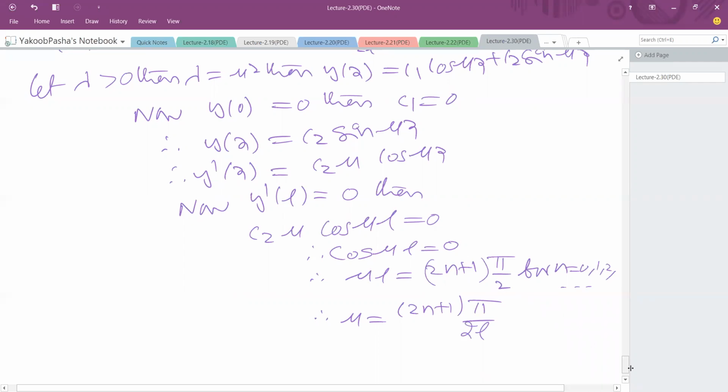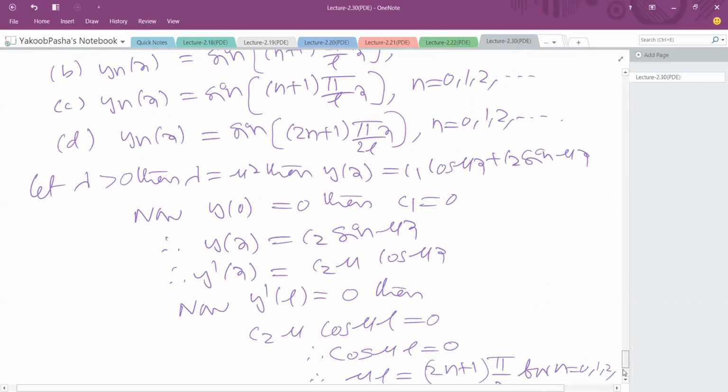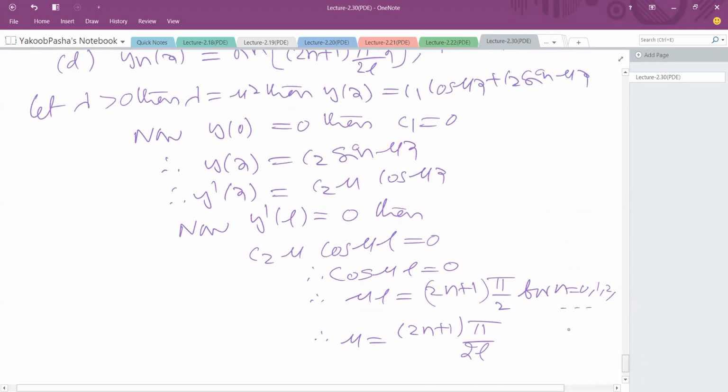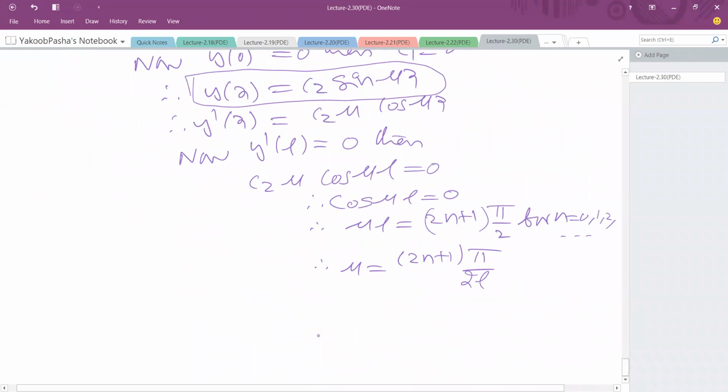Now we need to find the eigenfunction. Just substitute mu here. Then y of x is equal to c2 into sin of 2n plus 1 pi by 2L x.